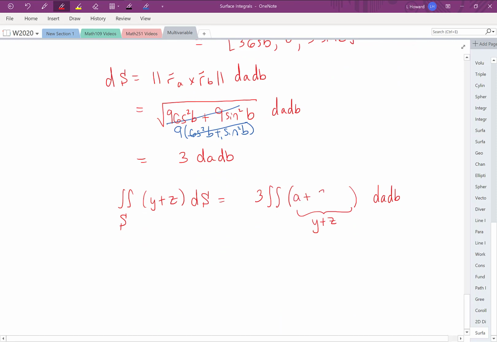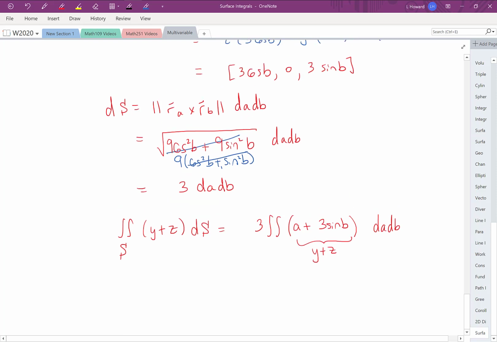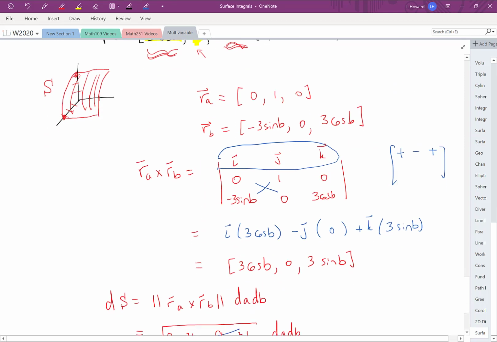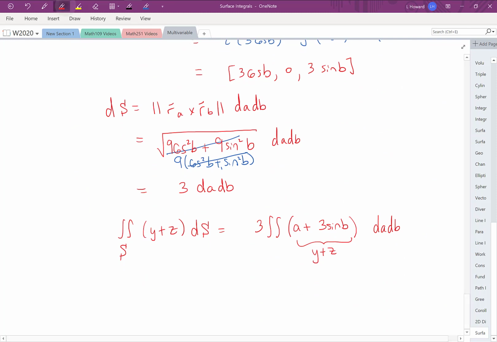So that's going to be a plus 3 sine b. And then the last thing that we need here, limits of integration. Those were also given in the problem. For a parametric surface, you'd be given the range of a and b values. a is ranging from 0 to 2, b is going from 0 to pi over 2. So let's plug those in there as well. And then we're ready to proceed with our integration.